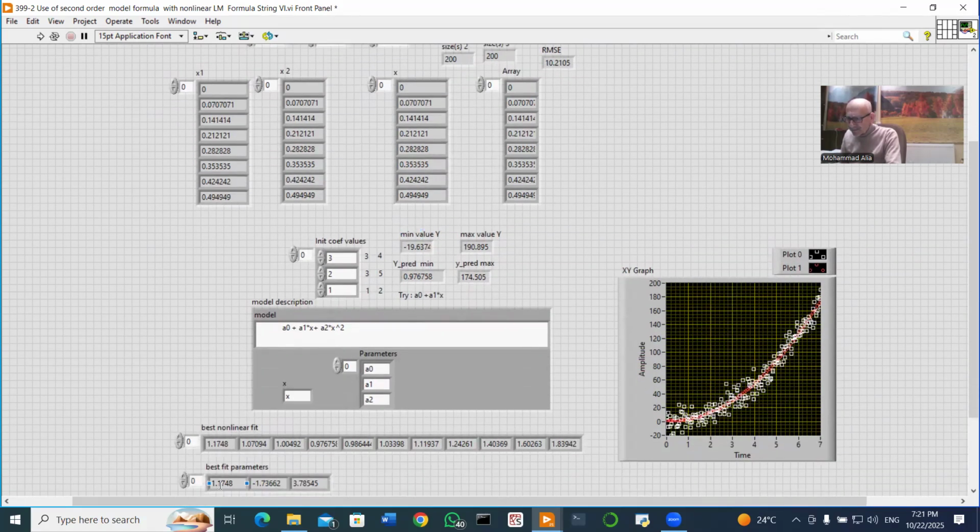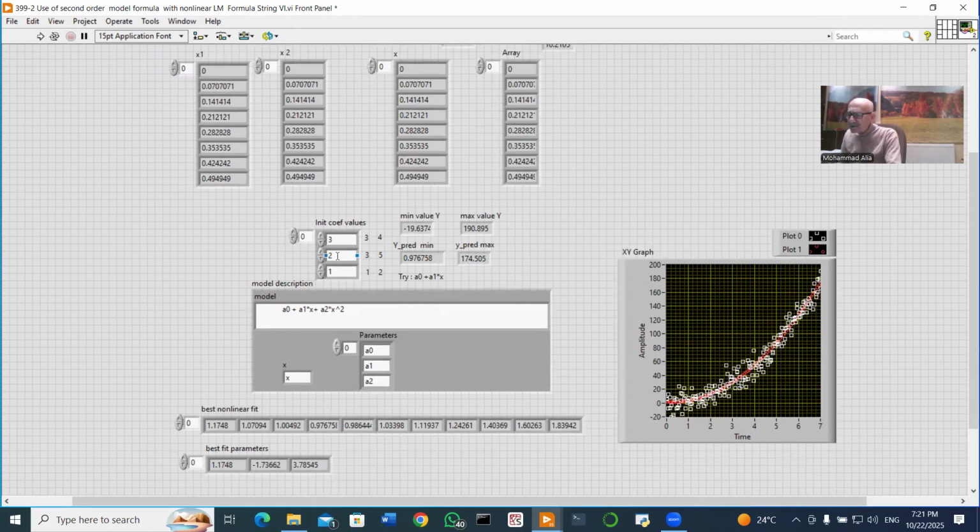Here they are, 1, 2, 3. These are the best fit, and these values are the prediction values for every input x value of the function, which is the red values here.